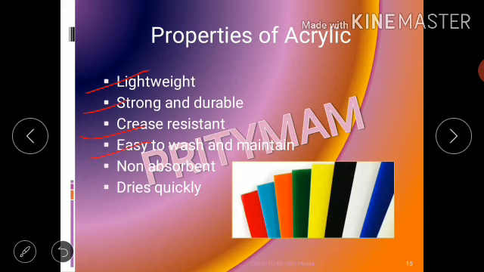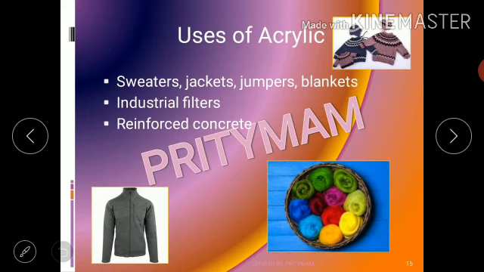It is non absorbent and it dries quickly. Let's now discuss some of the uses of acrylic. Acrylic is used to make sweaters, jackets, jumpers, and blankets. It is also used to make industrial filters and reinforced concrete.